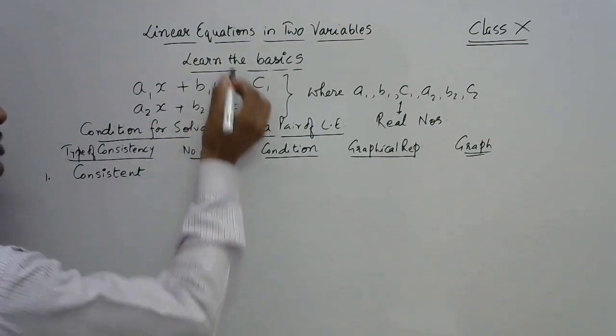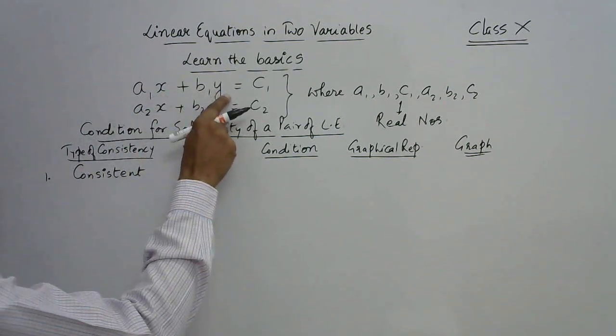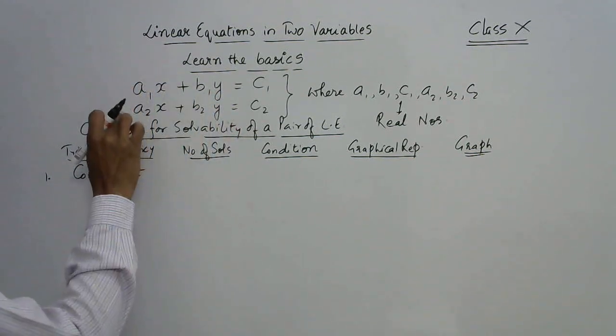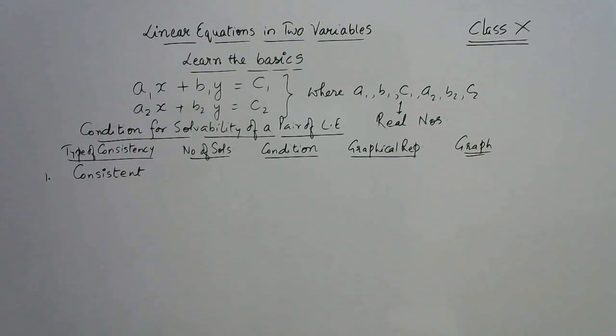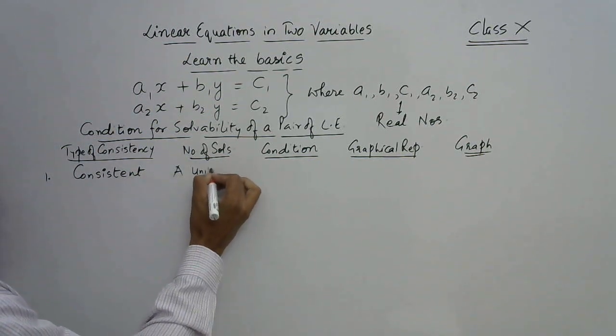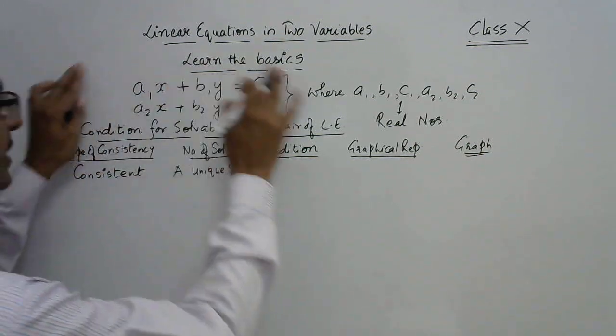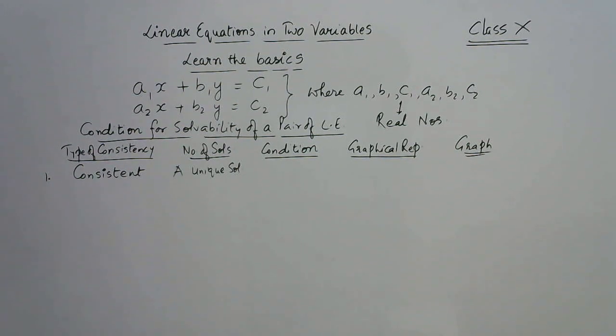When there is only one particular solution, only one value of x and one value of y which can satisfy both the equations. That is also known as a unique solution, or we have only one solution of this pair of linear equations.